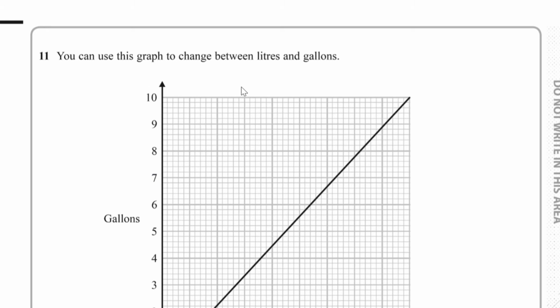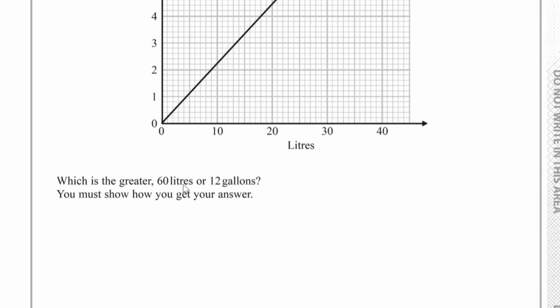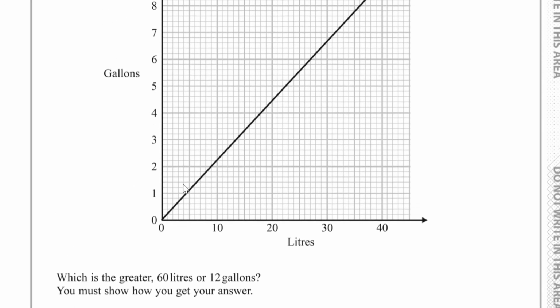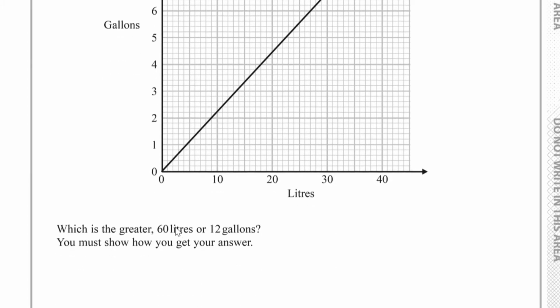Question number 11. You can use this graph to change between litres and gallons. Which is greater, 60 litres or 12 gallons? So what we can do is find out how many gallons 60 litres is.